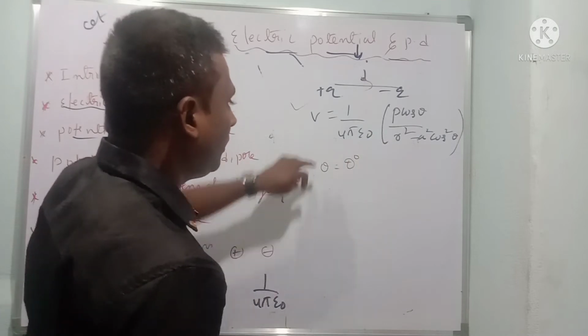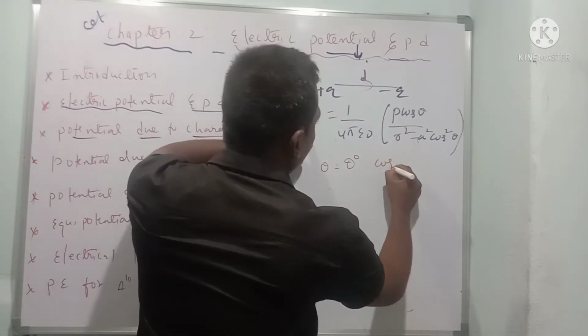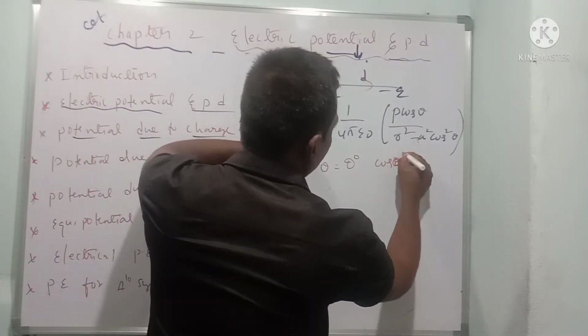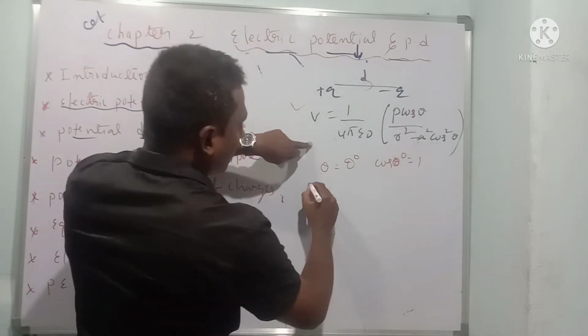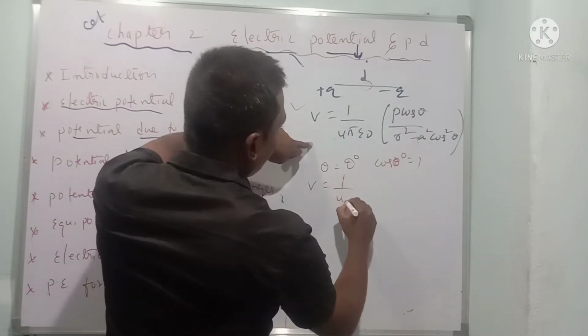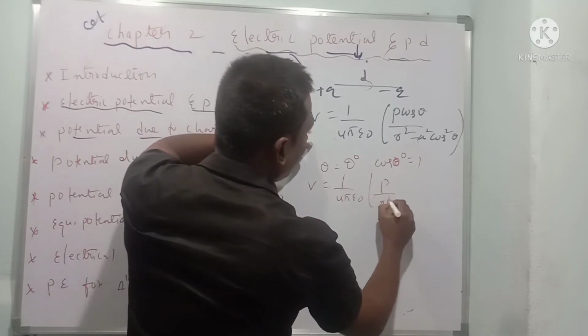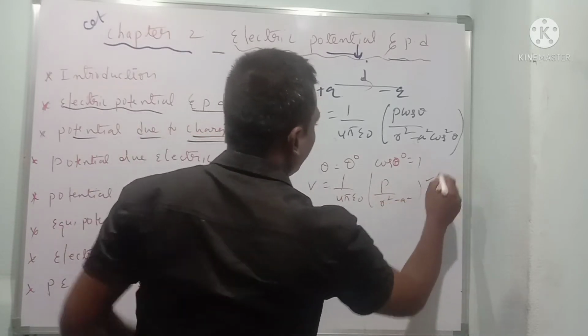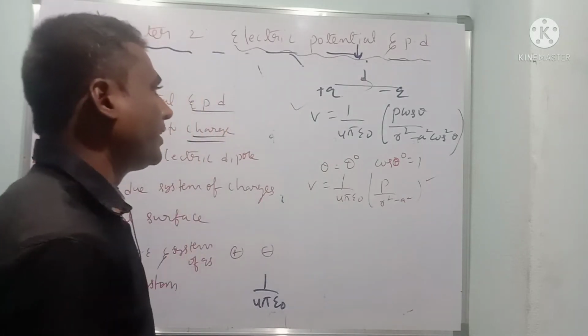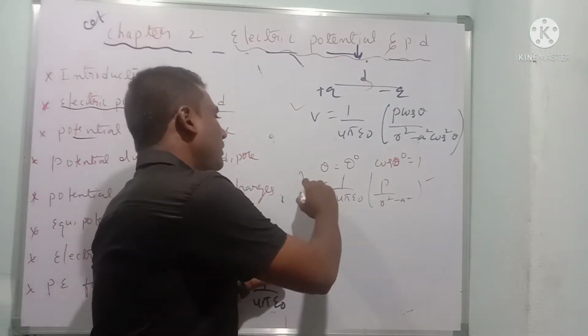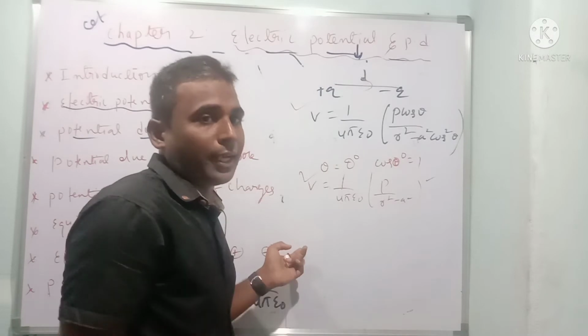We know that cos 0 is equal to 1. Then the expression becomes V is equal to 1 by 4 pi epsilon naught P divided by r square minus a square, which is very similar to the expression of electric field due to the axial line.